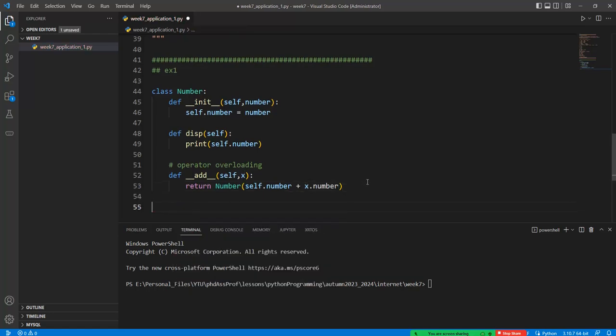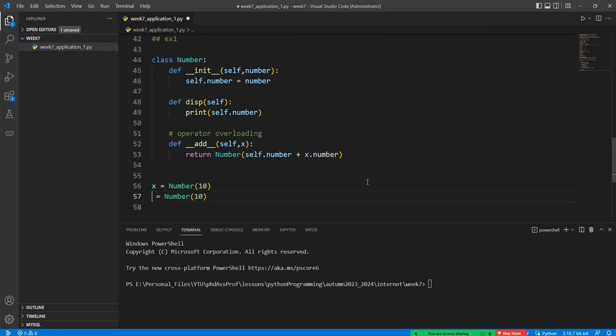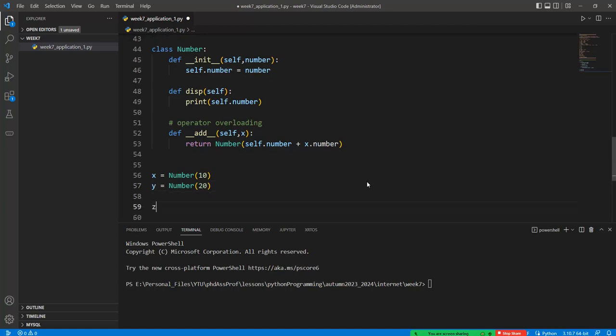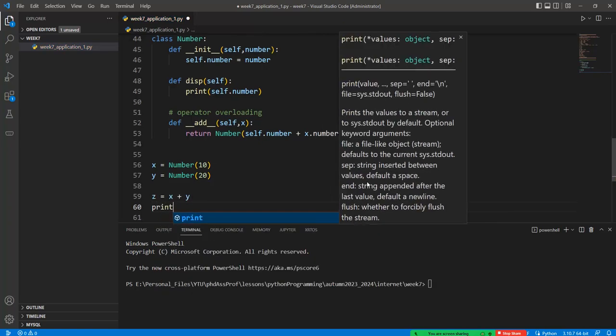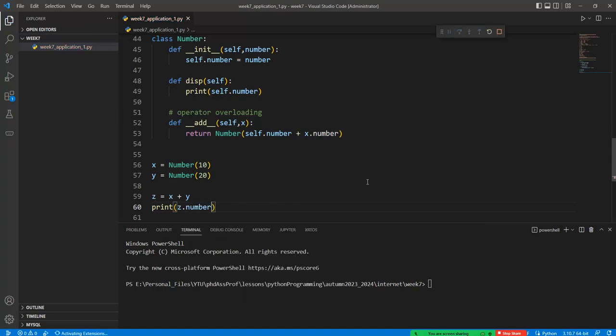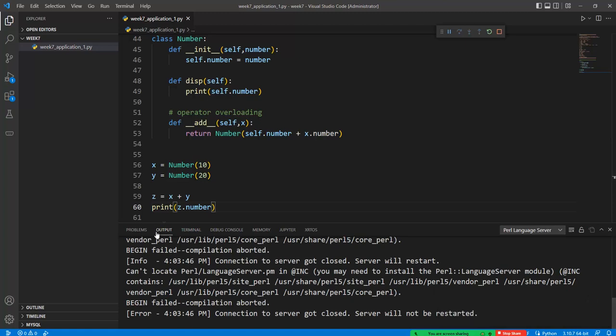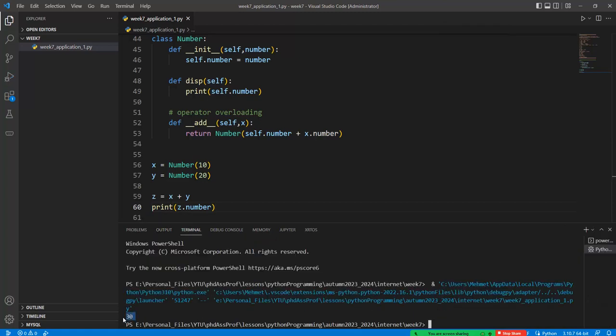Okay, so firstly we can give the number 10 for x, and for y the number 2. Okay, and after that we can define x plus y, and so we can print z or the z number variable in here, and then we will get the number value, 30.